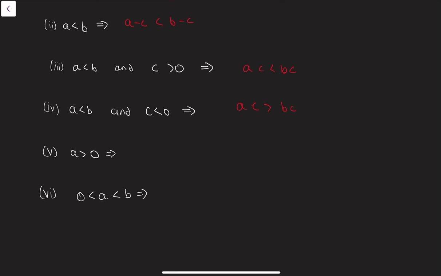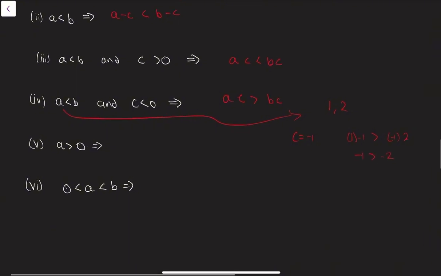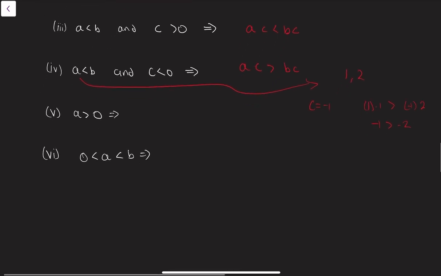Just thinking of this conversely, let's say we have 1 and 2. If C is equal to -1, then 1 times -1 should be greater than -1 times 2, that is, -1 and -2. And we know that -1 is greater than -2. So that's what we're referring to.